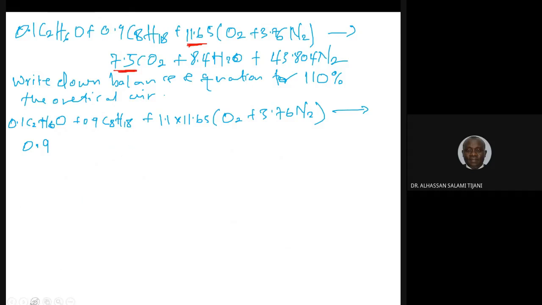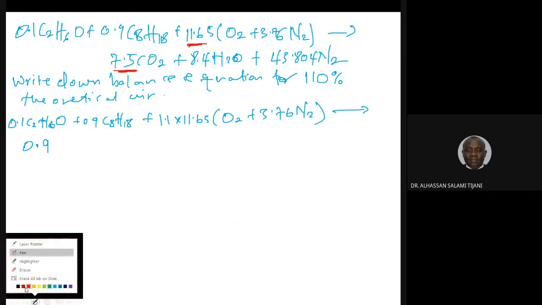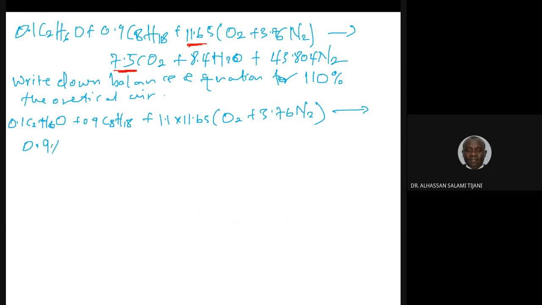So we will have 0.9 times 7.5 of carbon dioxide.